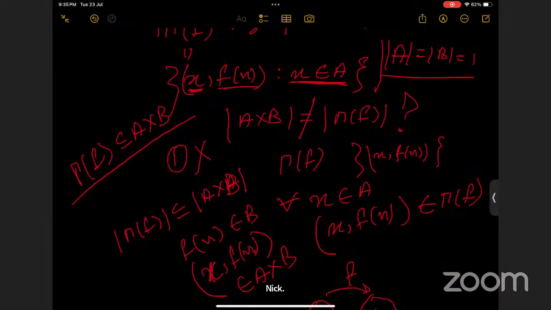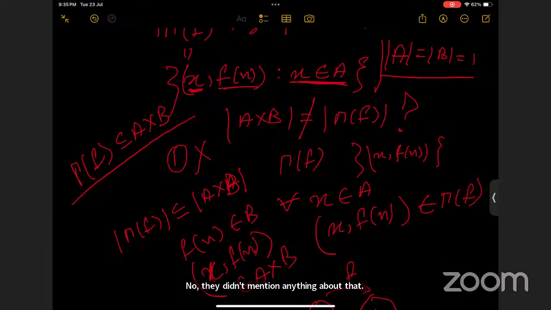Okay, so A and B are finite. Can you say that again? Was f an onto function? f was not an onto function, right? No, they didn't mention anything about that. It's just a function.